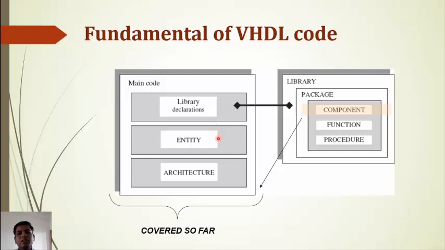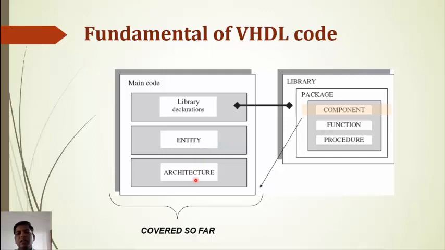Now the second block is the entity. Entity is simply the IOs of the digital system you are going to design. For that digital system you require inputs and outputs, and you define whatever the inputs and outputs are under the entity block. The third block is the architecture.